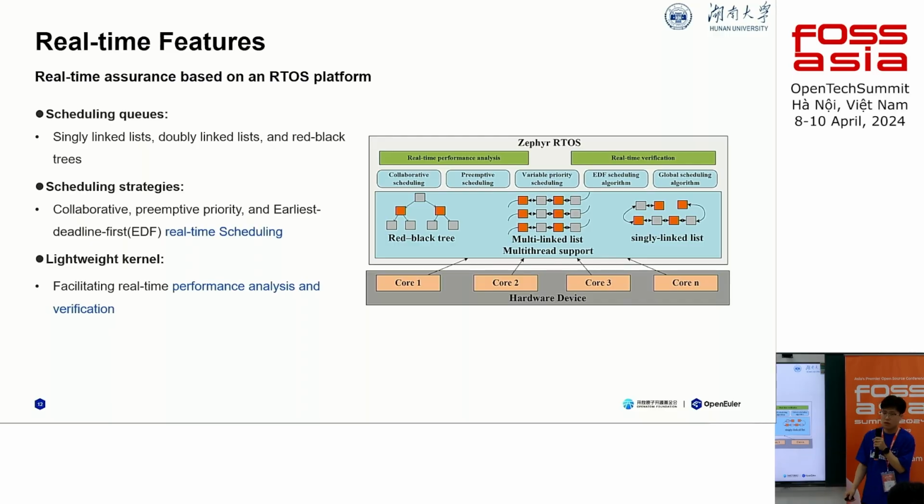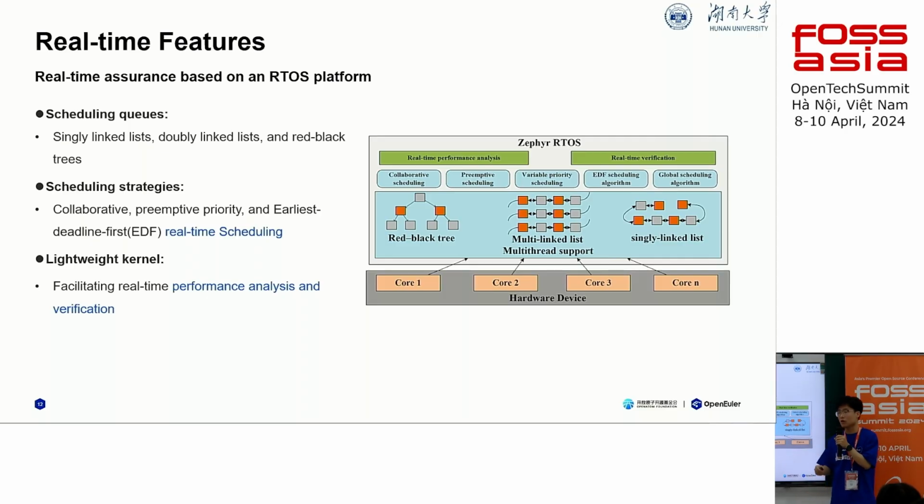And then there are the real-time features. ZVM has a real-time guarantee based on the Zephyr RTOS platform. You can see that it supports different scheduling queues, like a singly linked list, a doubly linked list, or red-black trees.